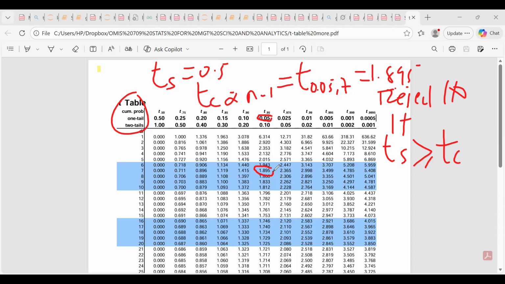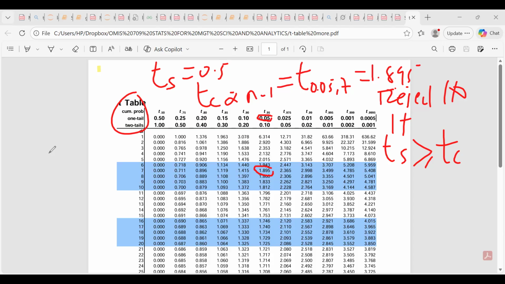You shouldn't reject. You know what that means? If you are not rejecting, it simply means that there's not enough evidence, at this 5% level, to conclude that the mean shaft wear exceeds 3.5.